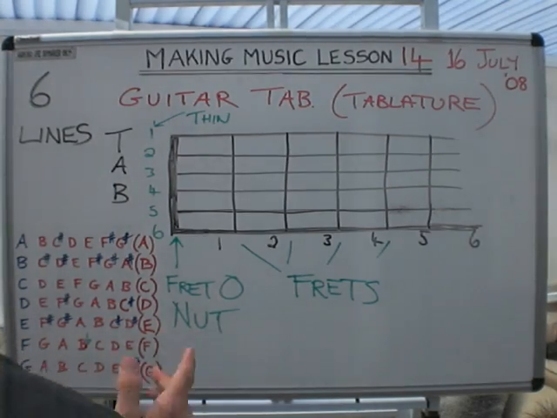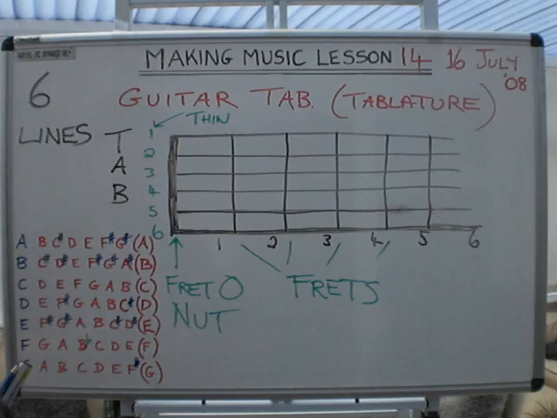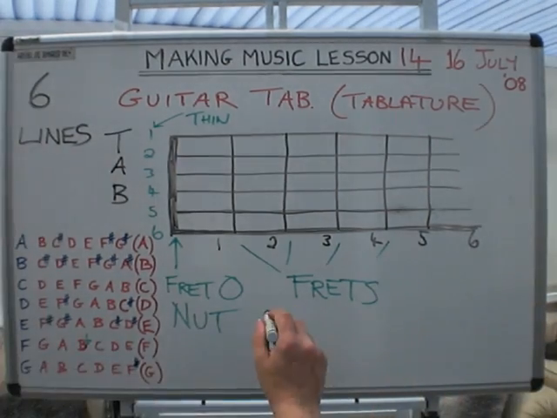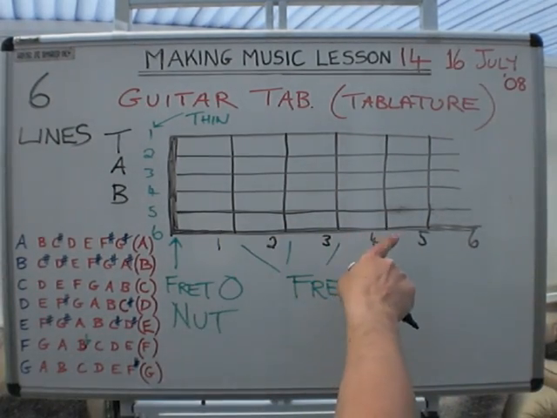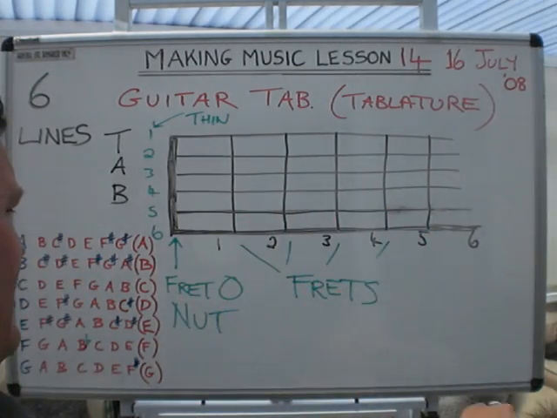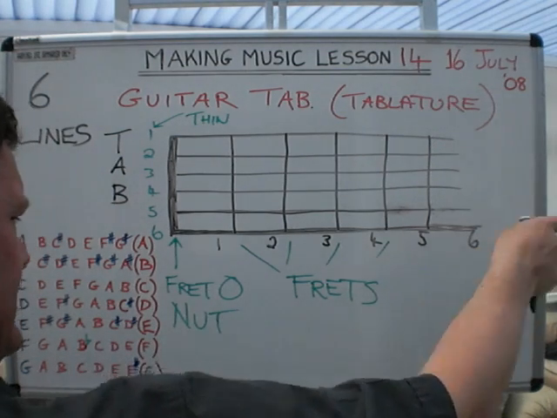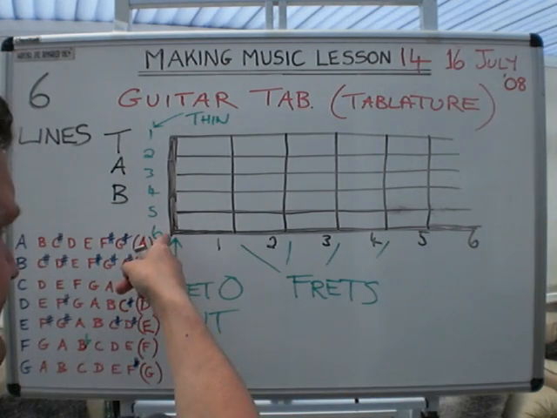Now, one thing a lot of people who play the guitar misunderstand, and I'm going to write it here. The idea with frets and all these numbers is as basic as this. When we've got the guitar string attached at the bridge end of the guitar, we've got a length of string up to here.